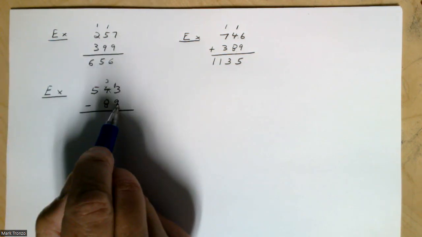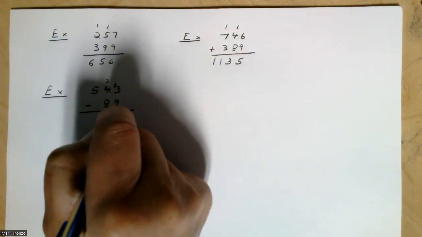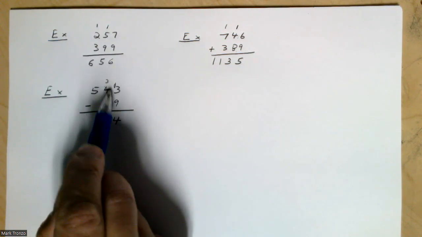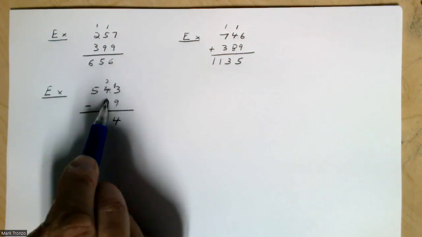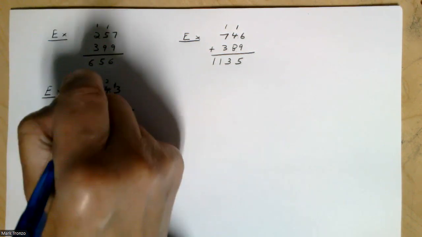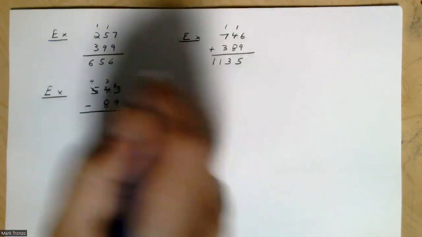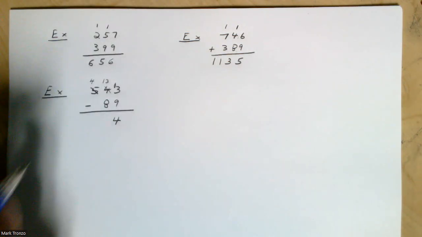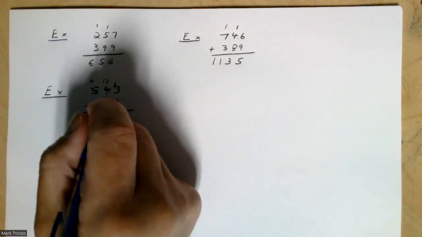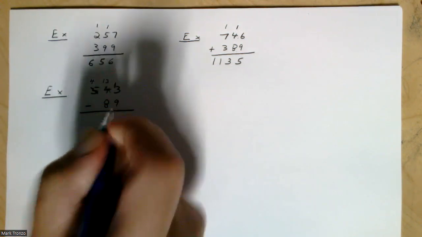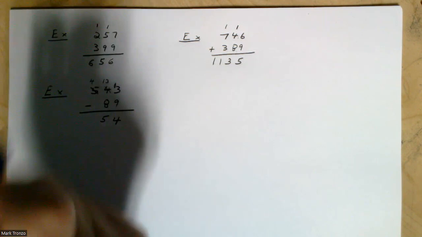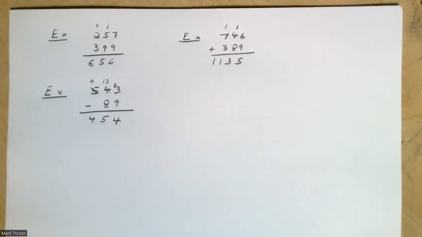So we're going to take 13 minus 9, which is 4. Then go over here. Once again, 3 is much smaller than 8, so we're going to have to borrow from this guy here. So bring that down to 4 and bring 10 over here. So we subtract this. 13 minus 8 is 5. And of course, over here we have 4 minus 0, which is going to be 4. So we get 454.